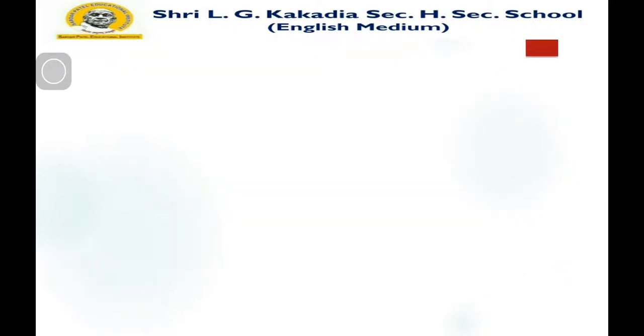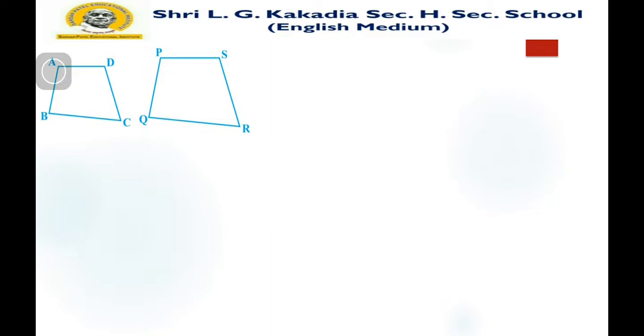Now let us take some more examples of other shapes. We have talked about circles, squares and equilateral triangles. Now let us talk about other shapes. Here you can take two quadrilaterals ABCD and PQRS.